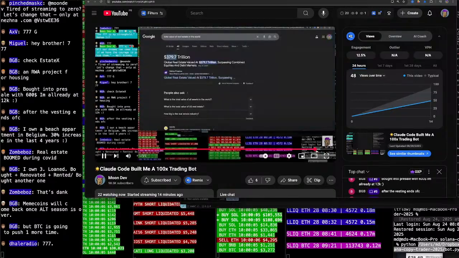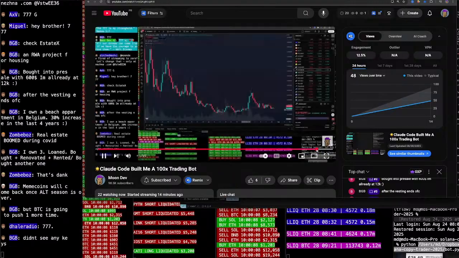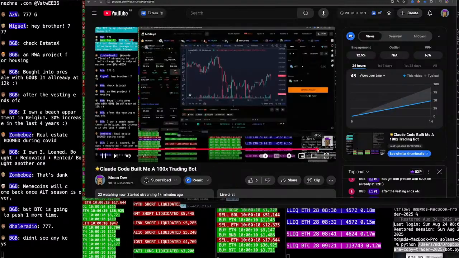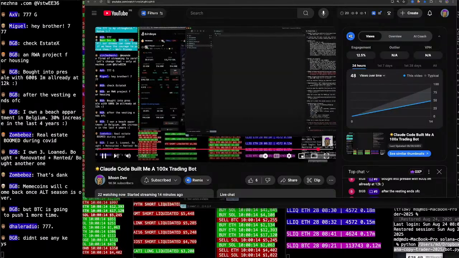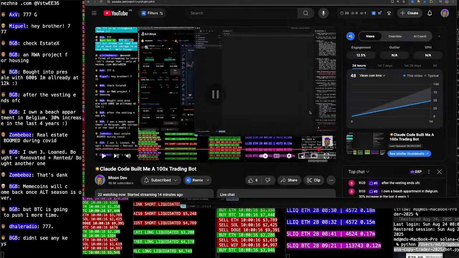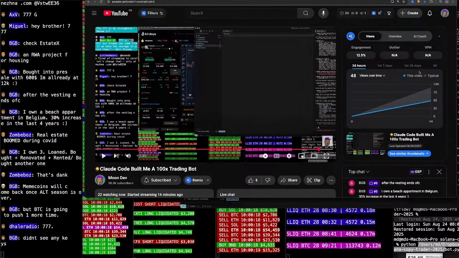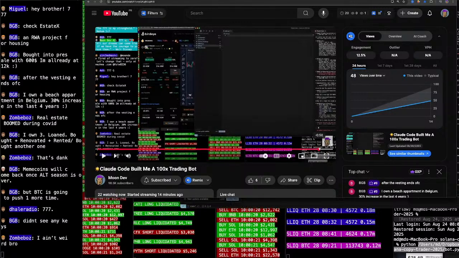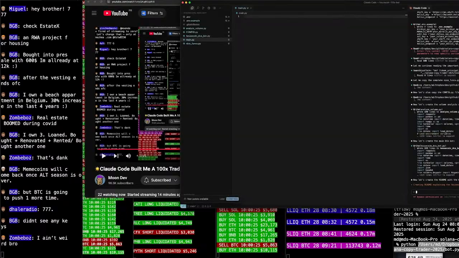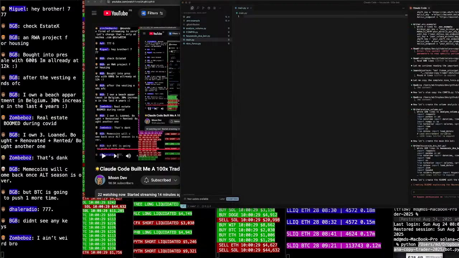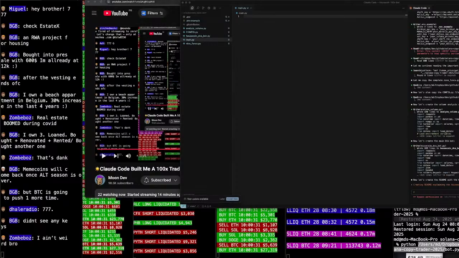One house equals one house coin. Come on, dude. That's a good meme. You didn't see any keys? That's good. I saw one though.